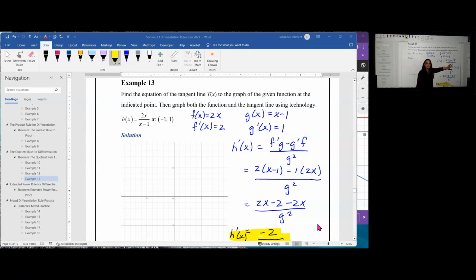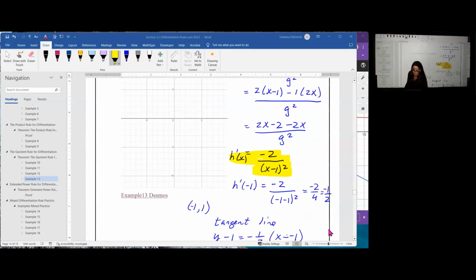Putting this into the quotient rule, f prime g minus g prime f divided by g squared leads to the following expression: 2 times x minus 1 minus 1 times 2x. The 2x's cancel when I simplify, and I end up with this expression for the first derivative of that function, -2 divided by the quantity x minus 1 squared. Again, I didn't write g squared until the final step.